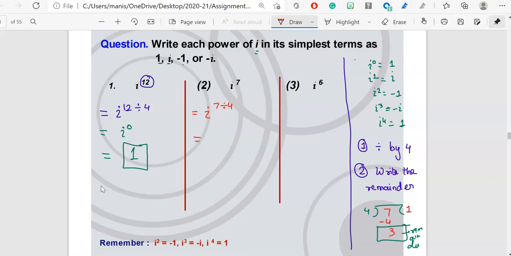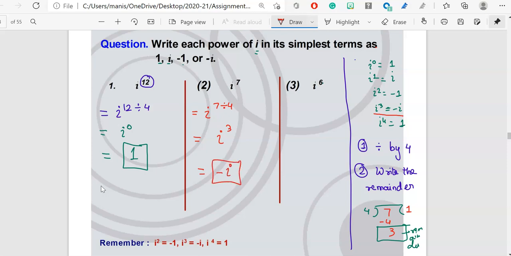So what is my remainder? 3. Good job. Now go back to the right side and tell me what is the value of I to the power 3. I to the power 3 is what? Negative I. So this is how we got the answer.